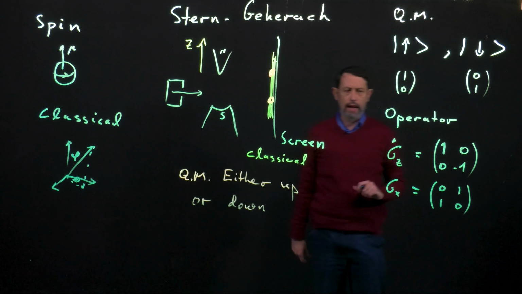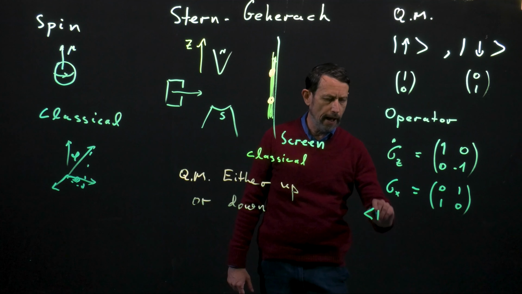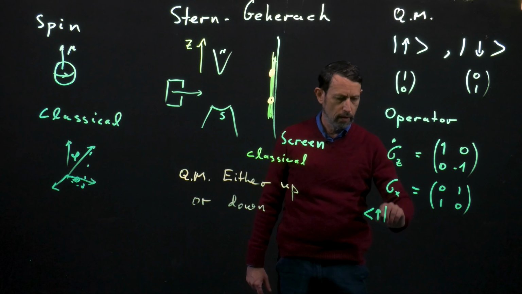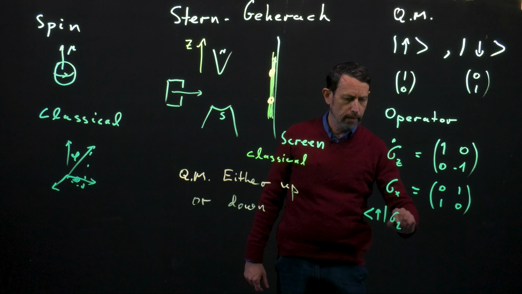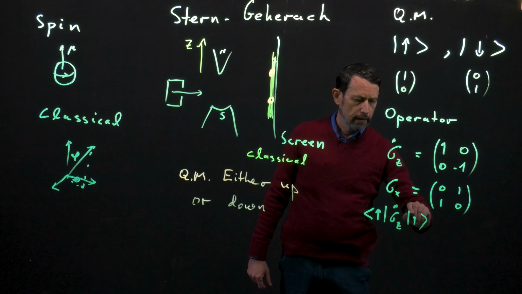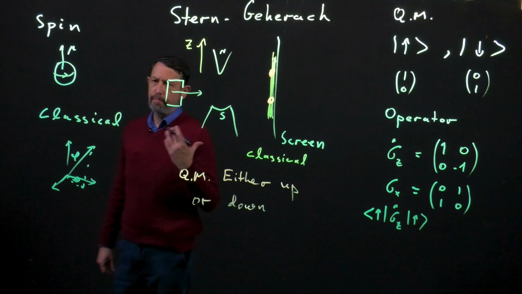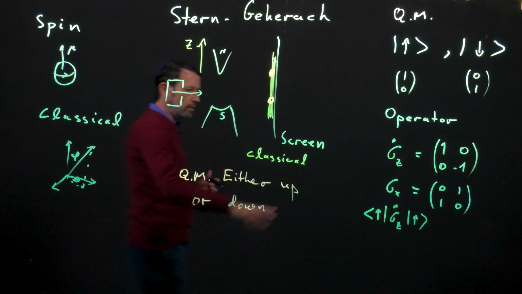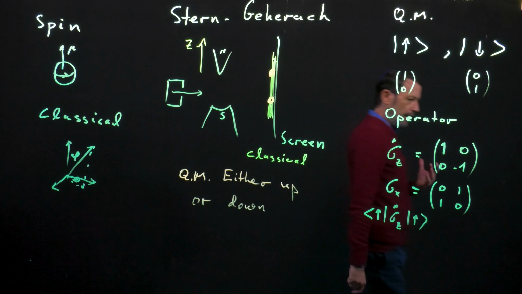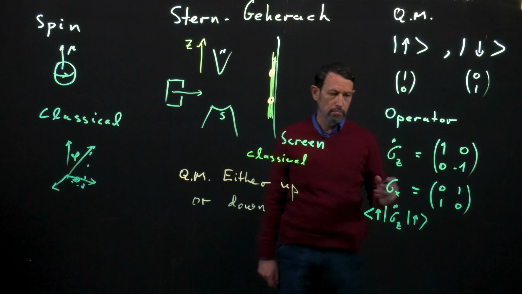Okay, let's see how it works. Let's say we want to know the average value of the spin in the z direction for the case where the particle is prepared in a state where it's in the z direction.